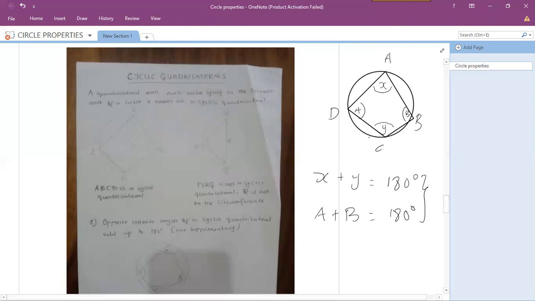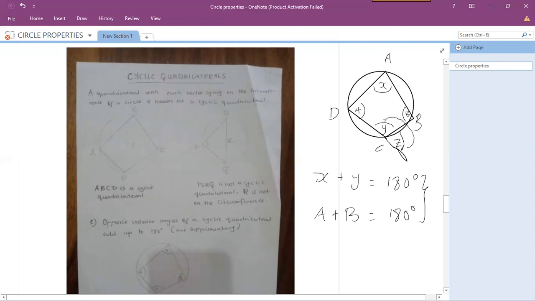So imagine we draw an exterior angle here, like so. Let's say this is an exterior angle Z. An exterior angle in a cyclic quadrilateral will be equal to the opposite interior angle. So this angle Z will be equal to the opposite.